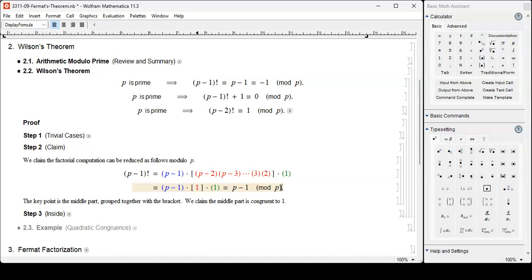Why is that? Let's consider the multiplicative inverse. The multiplicative inverse of 1 is 1 because 1 is the multiplicative identity. How about that of p minus 1? That is itself as well. This is congruent to negative 1. So negative 1 times negative 1 is positive 1. So yes, blue, blue, green, green, those are taken.